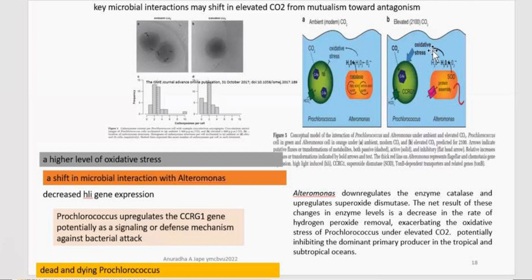Now, if I have to take help of this information and go for cultivating these bacteria in the laboratory, what should be my approach? Prochlorococcus or Synechococcus are abundant unicellular cyanobacteria, and as I said earlier, they are major participants in the global carbon cycle, so their presence is very essential.